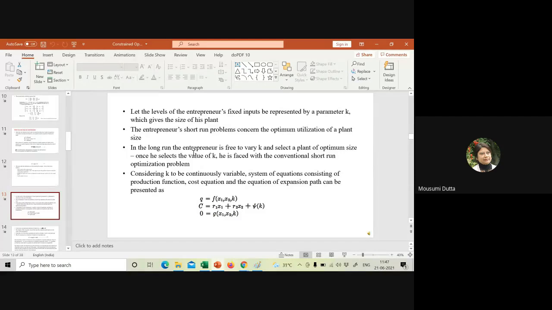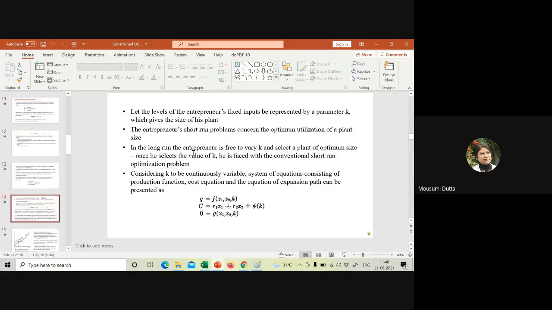So the cost equation will be replaced by R1 x1 plus R2 x2 plus a function of k, psi of k. Your cost will depend on what is the size of your plant. Cost is a function of size of the plant too. C is a function of x1, x2, that is two inputs, as well as the size of the plant.